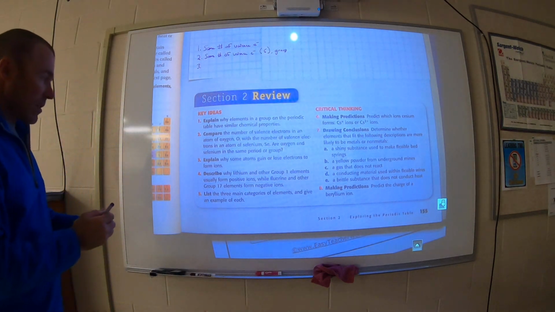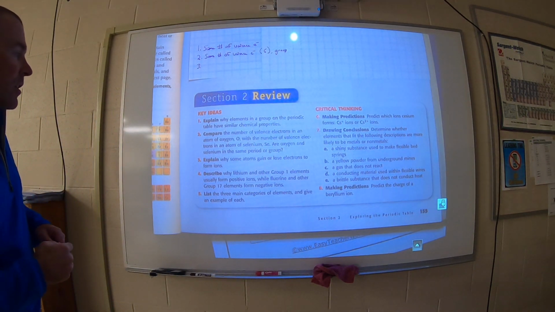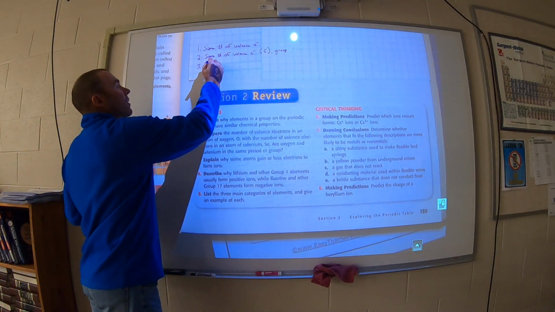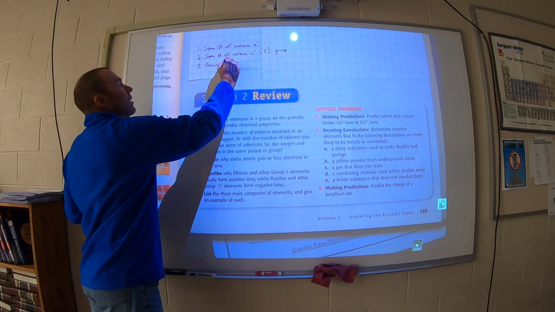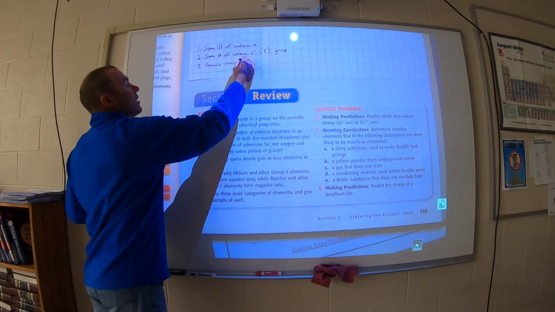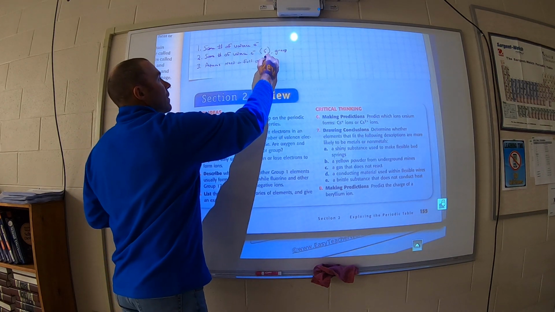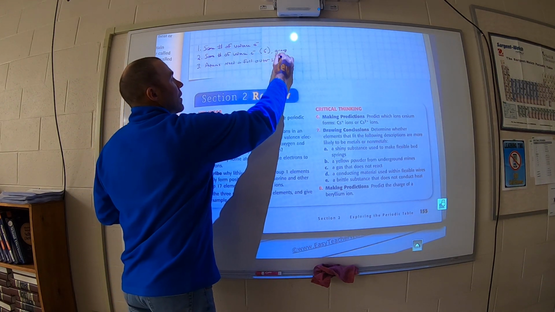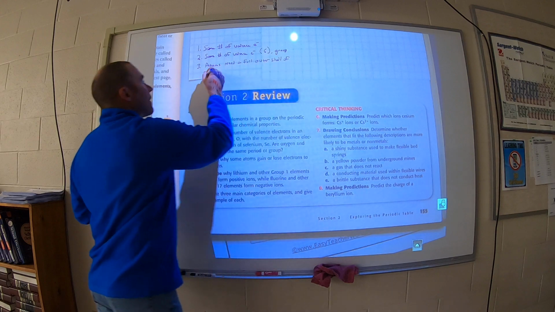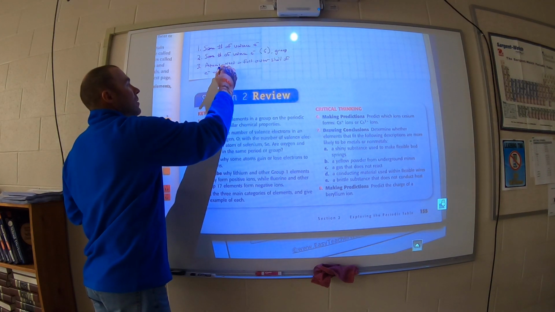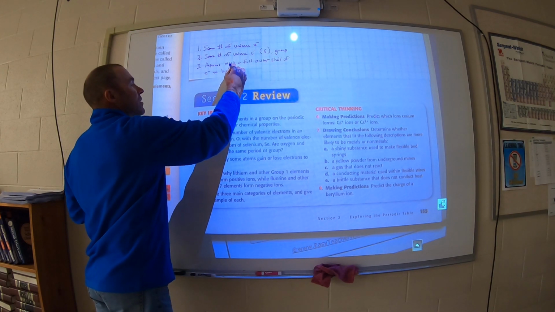Number 3, explain why some atoms gain or lose electrons to form ions. Atoms need a full outer shell of electrons to be stable.